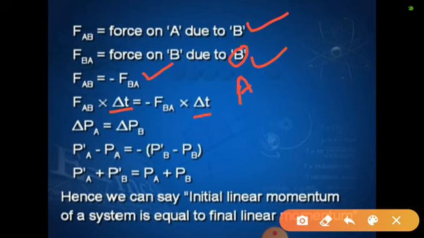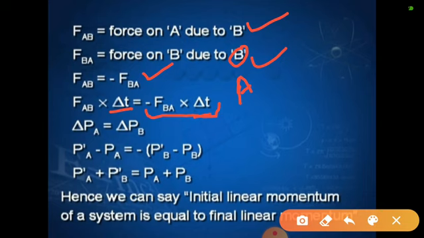Why? Because this is the impulse momentum theorem. This impulse is equal to the change in momentum. This is delta PA is equal to minus delta PB. This negative sign is only for the opposite direction.